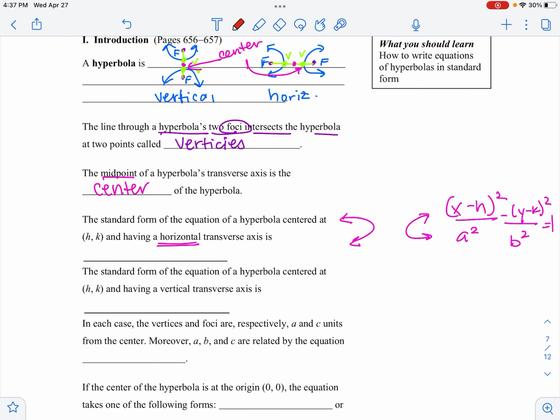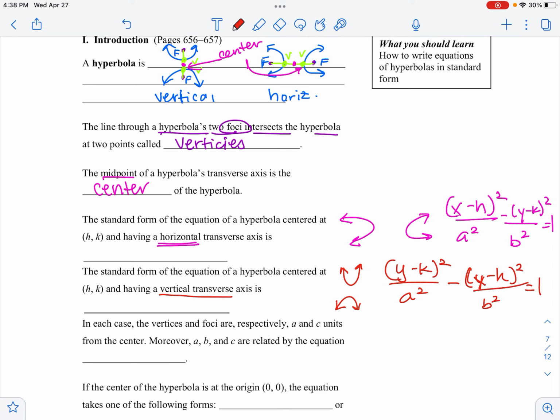And the standard form of a vertical transverse axis is when it looks like this. And that's going to be y minus k squared all over a squared minus x minus h squared all over b squared equals 1.